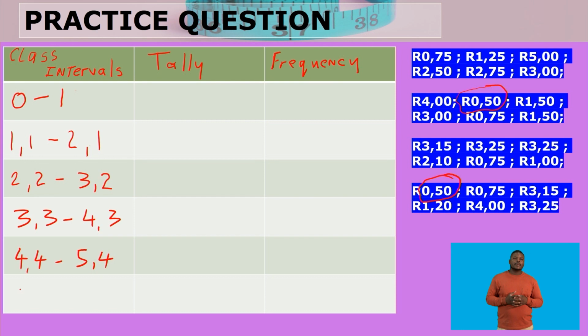The last row would be our total. There we are, and that completes our class intervals column.